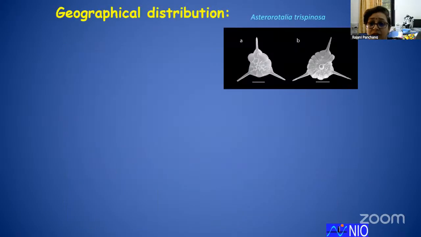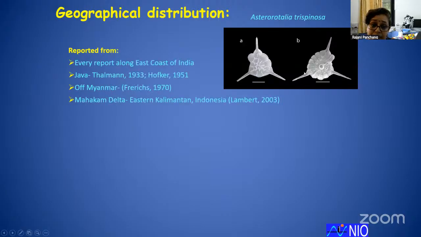Another example: when I was working in my area, I was finding this species abundantly. I was finding it in all samples in my study area, right from shallow water of 10 meters to about 1,000 meters. When I started finding this, I did not know why. So I started looking at different literature. And what did I find? That it was reported from East Coast of India, Java, Myanmar, Mahakam in Indonesia.